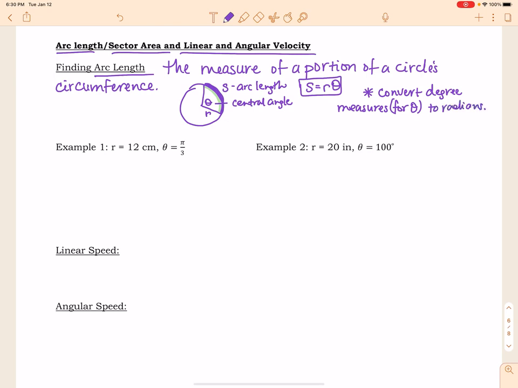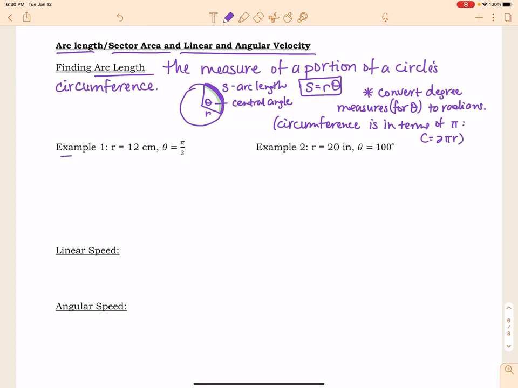And you might be asking why, because we don't like radians, Miss Griggs. Well, here's why. Circumference, if you remember from geometry, is in terms of pi, okay? Because the circumference formula is 2 pi r. So that is the reason we're going to use that.